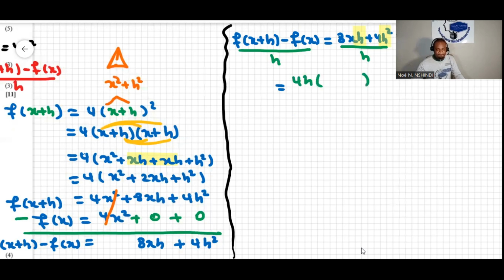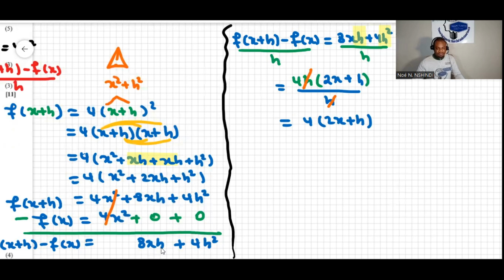Okay, and then there's going to be 2x plus h over h, and then we can simplify these two, and we are left with 4(2x plus h).